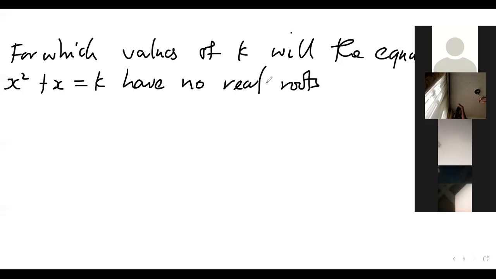Remember, the roots are determined by the discriminant, okay? So for me to ascertain the discriminant, that means I have to put this in the form.